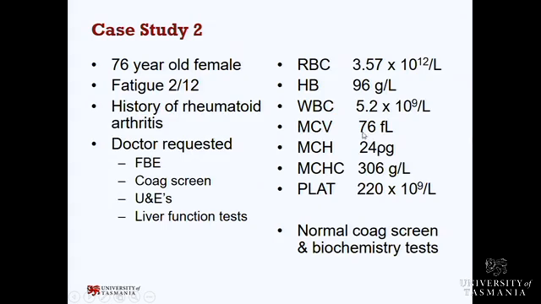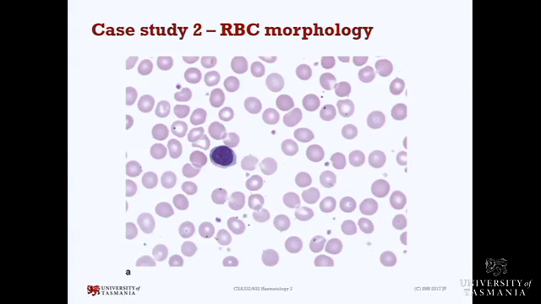Hemoglobin, MCV. So what's our provisional diagnosis? Yeah, so microcytic hypochromic. MCH, I haven't got my reference intervals. Is that low? Somebody? Yes? So microcytic hypochromic anemia. I'm hopeless at remembering reference intervals. That's why I don't get you to remember them.